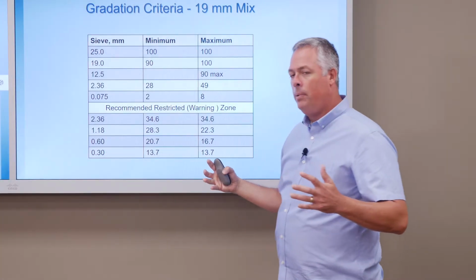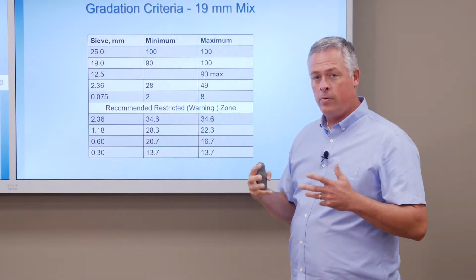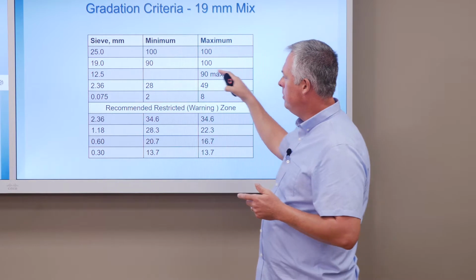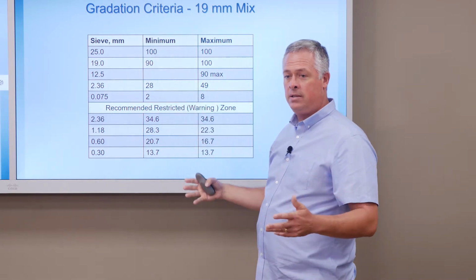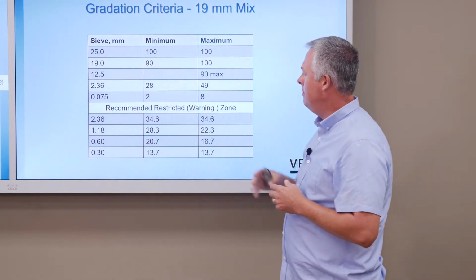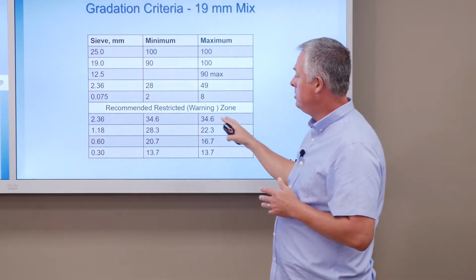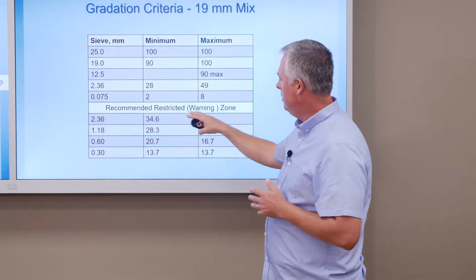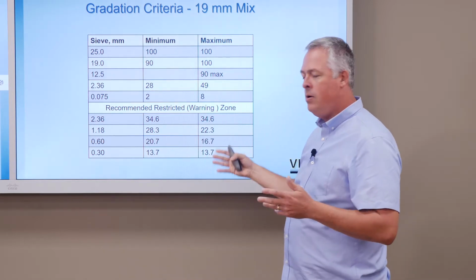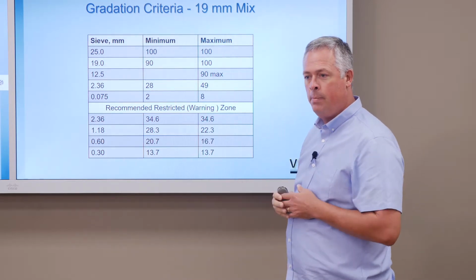So basically the blend of our materials for our trial blend has to run through these wickets. This is basically the recipe for an IM 19 mix. And if you're looking on your software, you'll see that they have the restricted warning zone area, so you know how to build that if you were to write one up and do it yourself.